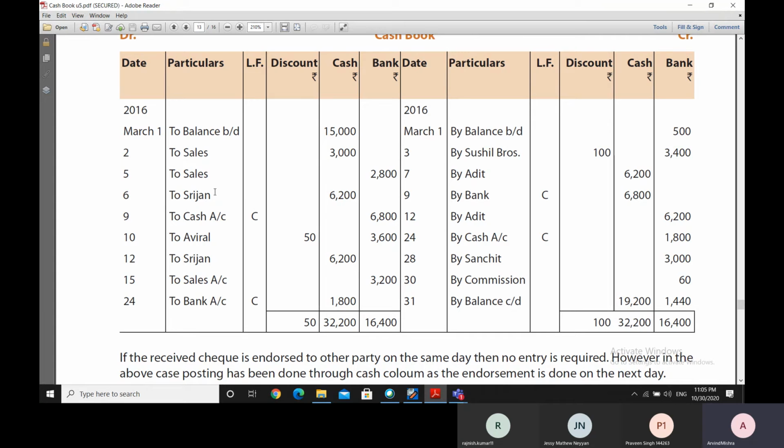The check is received on 6th of March, but it is endorsed on 7th of March. If it was endorsed on 6th of March itself, then no entry would be required here in the cash, and therefore the check would be straight away shown as paid to Adit itself.